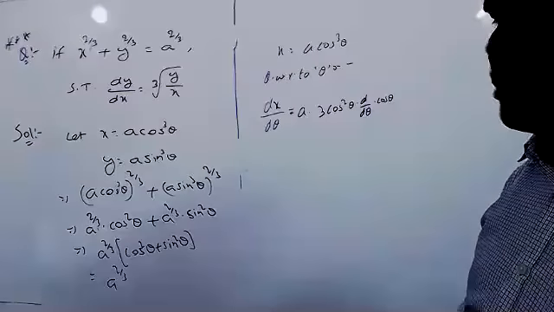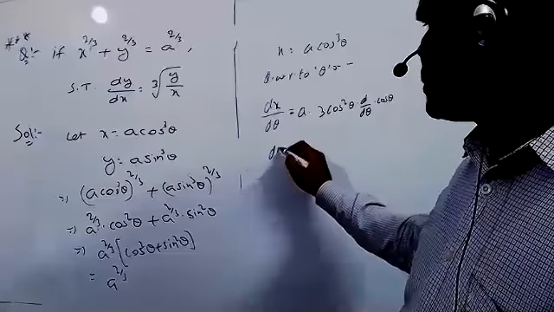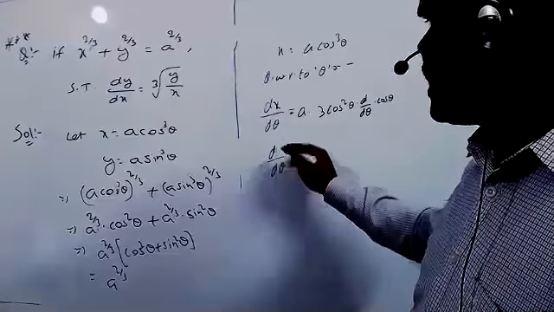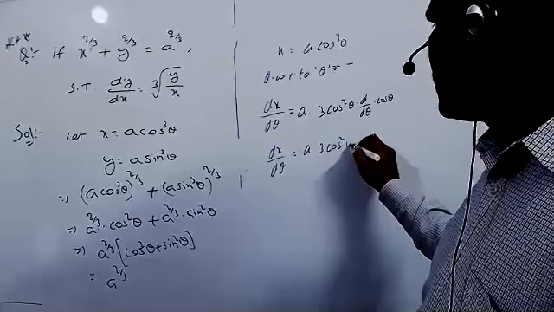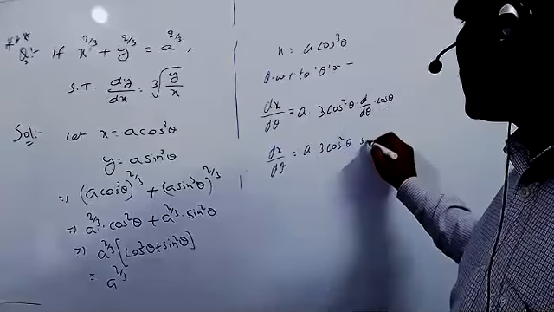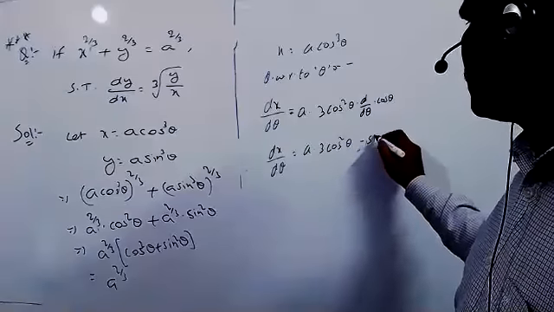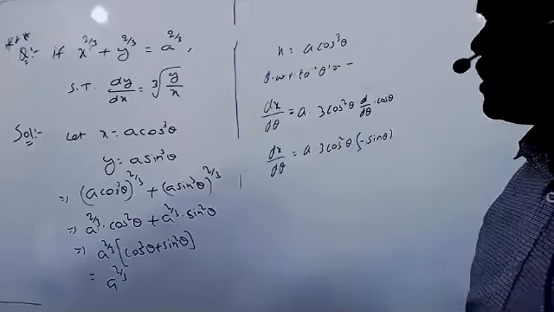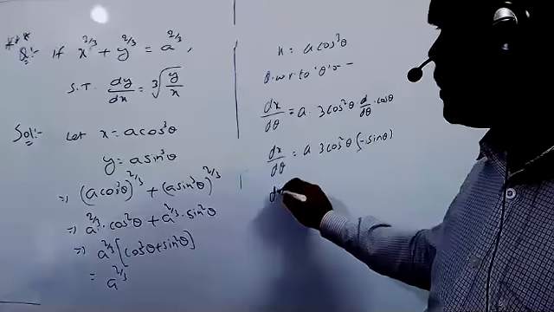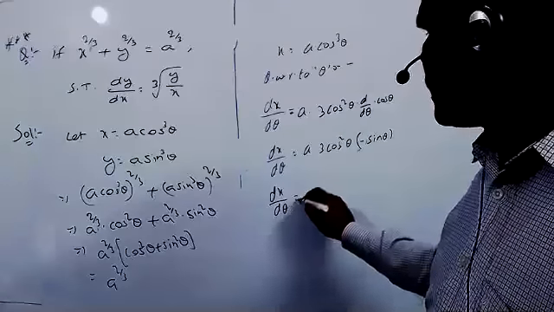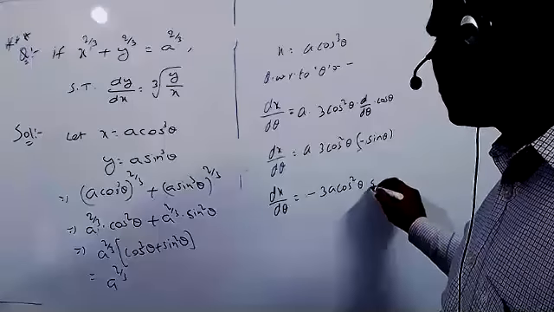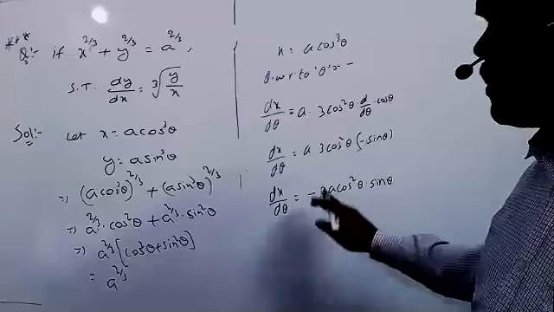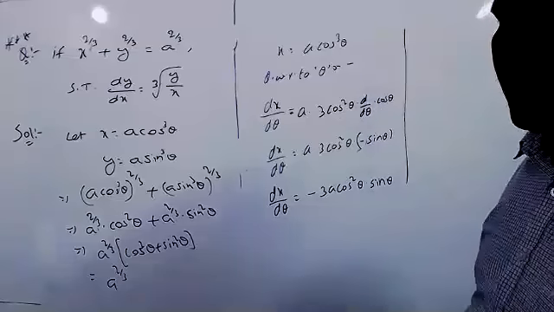So dx by d theta equal to a into 3 cos square theta. Differentiation of cos theta you can write as minus sin theta. Therefore dx by d theta equals minus 3a cos square theta into sin theta. That is the first one.